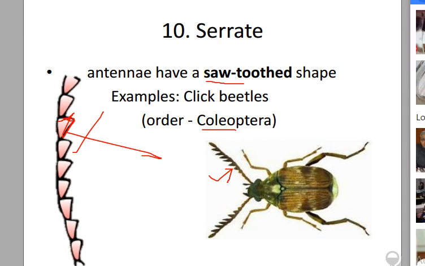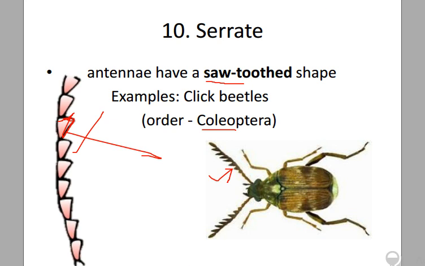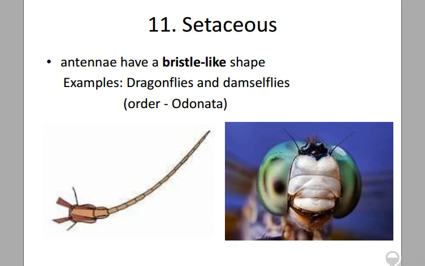The next type of modification in insect antennae is setaceous, and this one is the last. The setaceous type of modification is bristle-like in shape, and is present in dragonflies and damselflies.